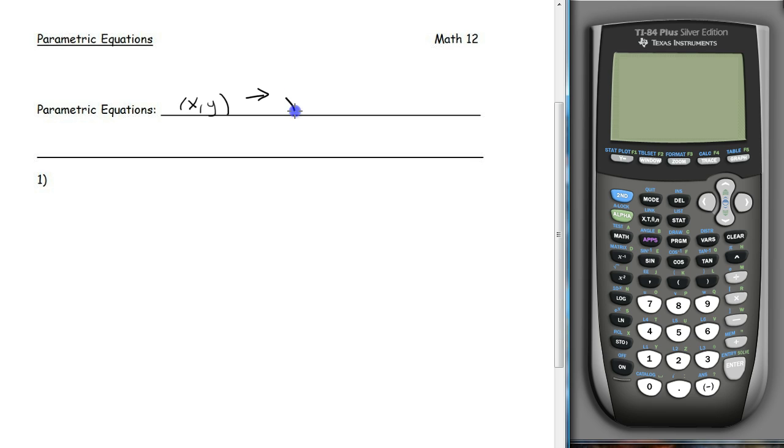So the x value will have some function, let's call it f of t, and we use t for time in these problems. And for the y function, I don't want to use the same function as f of t because you always get the same numbers. It's going to be some different function. We'll call it g of t. t is my parameter. So the variable t is the parameter.